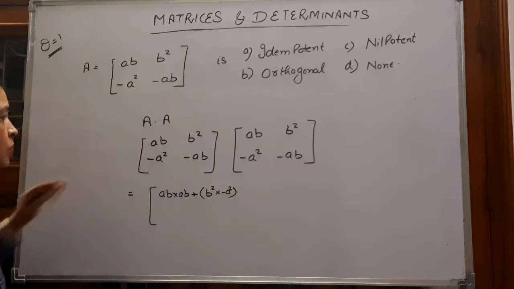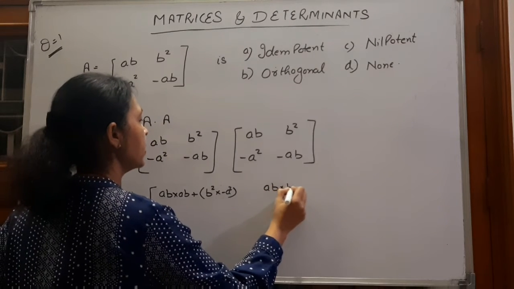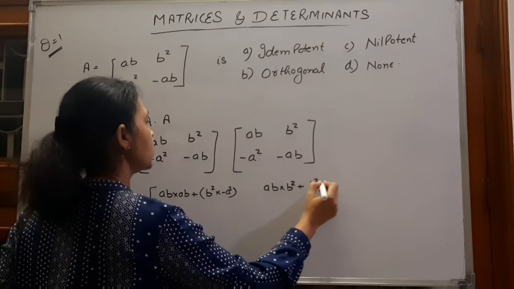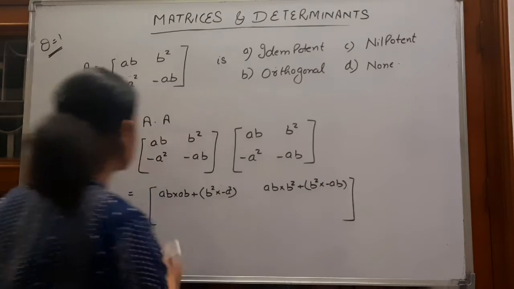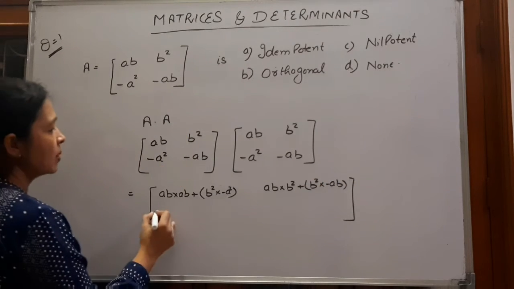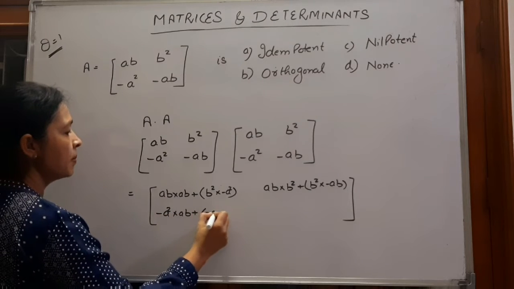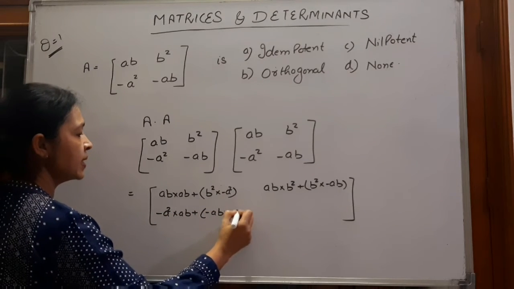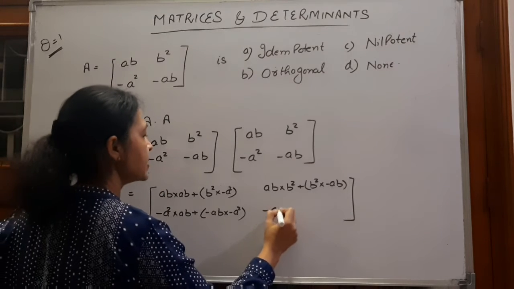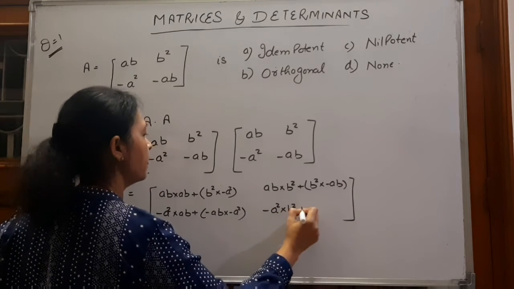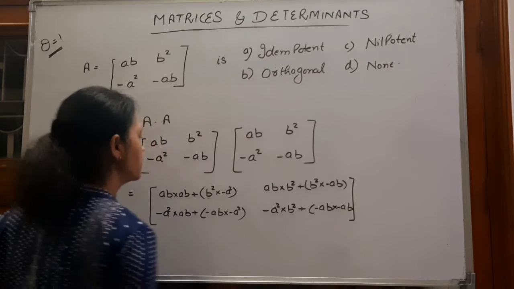First row, second column, AB into B square plus B square into minus AB. Second row, first column, minus A square into AB plus minus AB into minus A square. Second row, second column, minus A square into B square plus minus AB into minus AB.